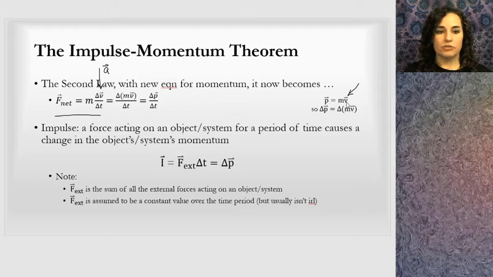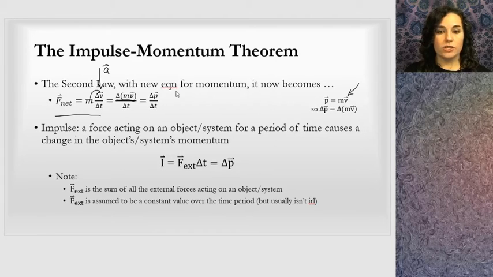Mass times velocity is momentum, and mass is just a scalar, so I can move it next to the velocity. See how I did that right here? I moved the mass next to the velocity vector, and I put a change. Sometimes the mass changes, but with acceleration we think about the velocity changing. So here we're looking at that whole quantity, the change in momentum, and we still have the time factor underneath.